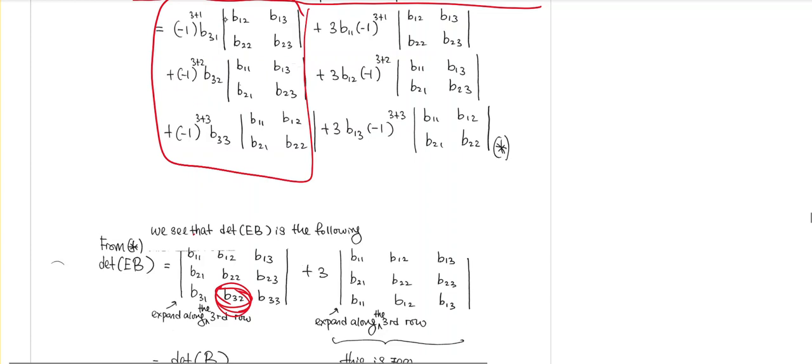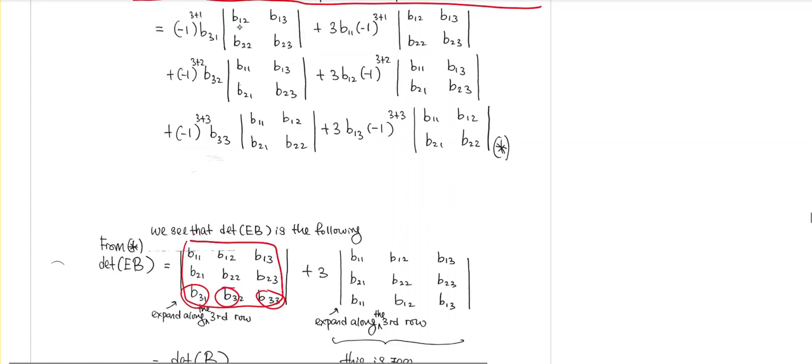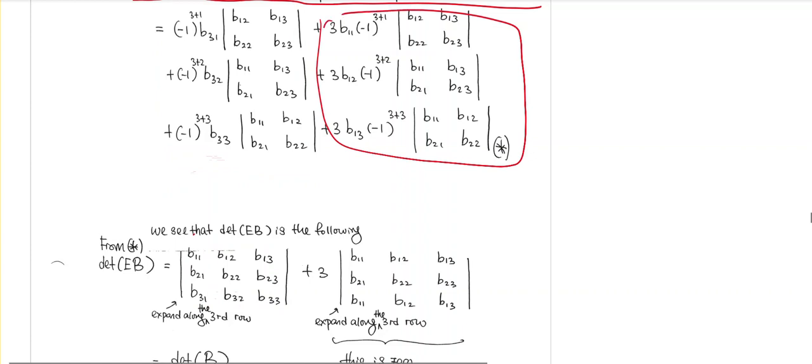So what I'm saying is that if you look at this part here very carefully, this is actually the determinant of this matrix expanded along the third row. Same thing here. If you look at this part here, you can take out all the three, and then you look at this part right here.